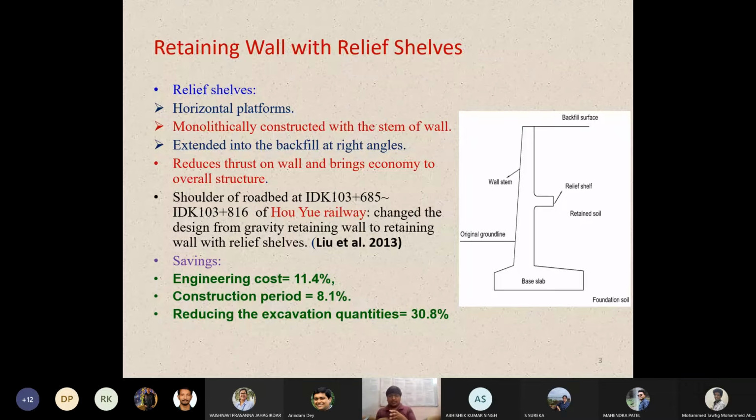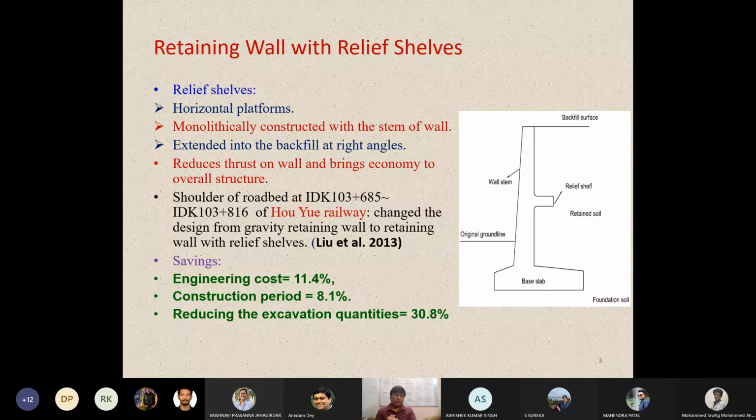So far, this is always done with right angles. In some literature they suggest giving some inclination to the relief shelf, so you may encounter this, but the popular one is with the right angle.